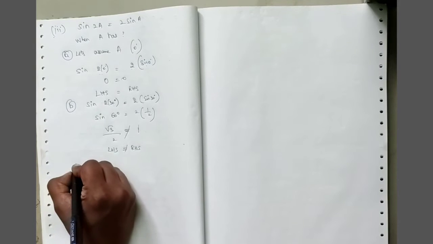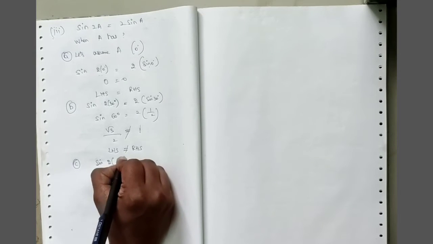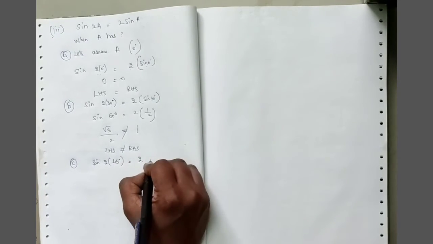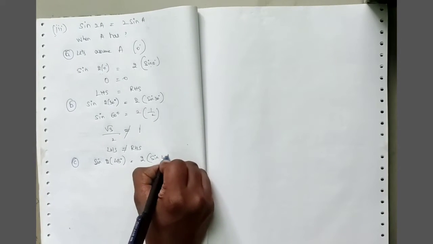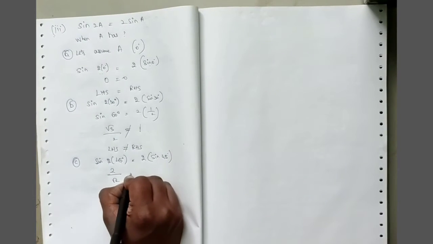Next, 45 degrees. The third option given is 45 degrees. Sine 2 of 45 degrees is equal to 2 sine 45. So 2 into 1 by root 2 will be 2 by root 2.